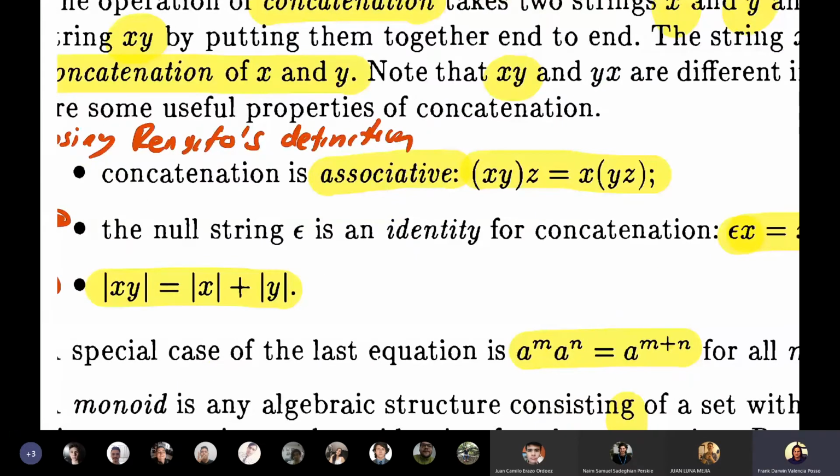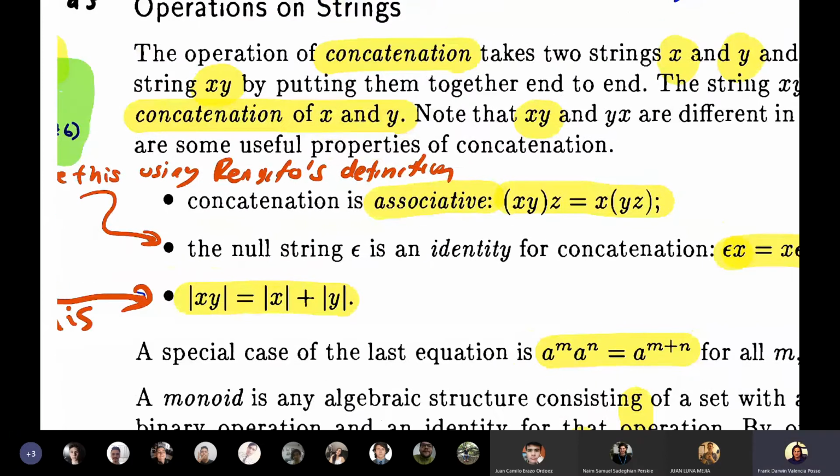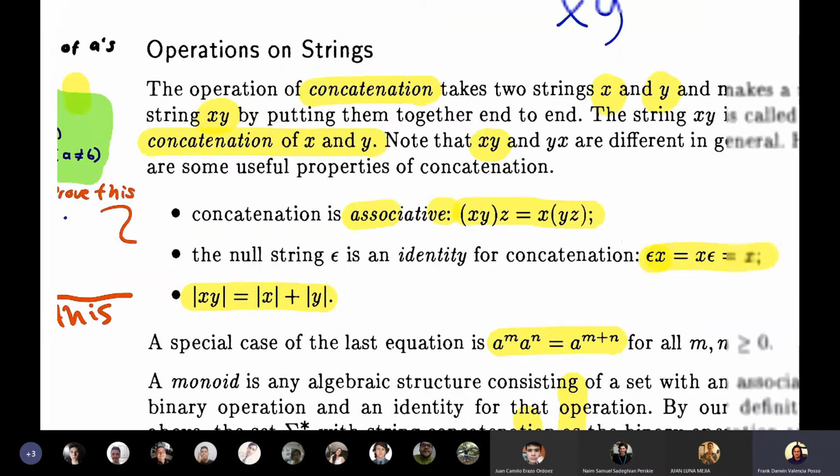Now we're going to talk about some important string operations, and probably the most important is concatenation.